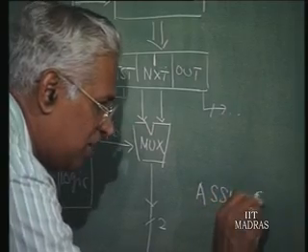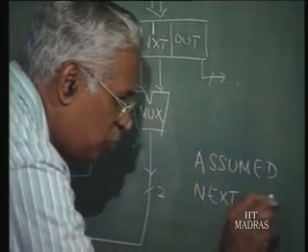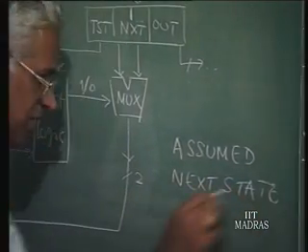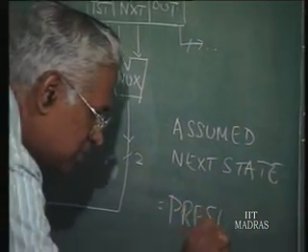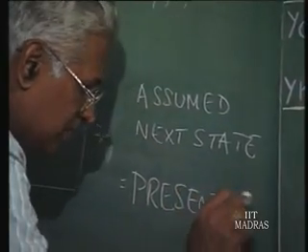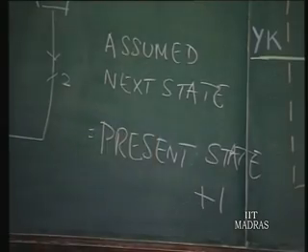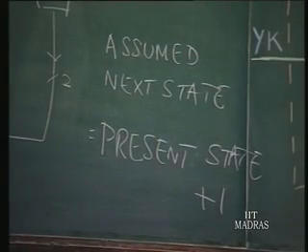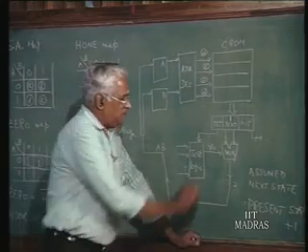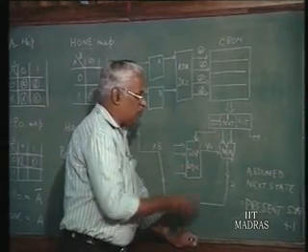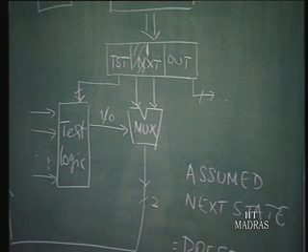We can always say the assumed next state is nothing but the present state plus 1. That is the assumed next state, in which case we need not have 2 fields, we can have only one field. So, one of these can be removed.